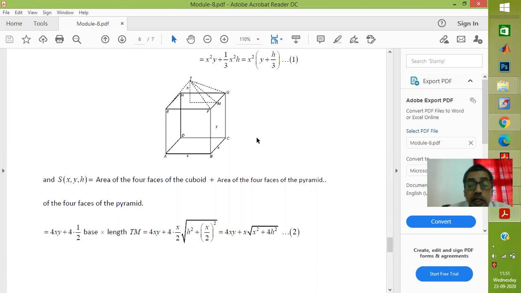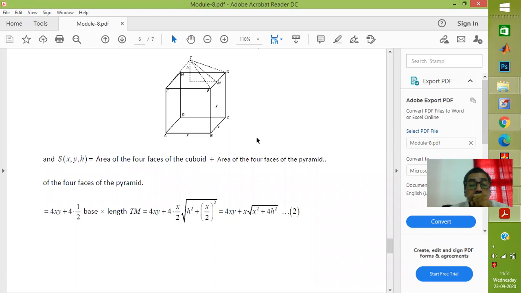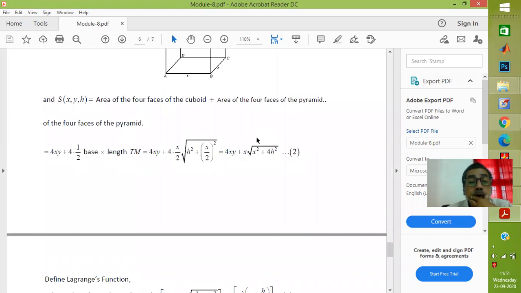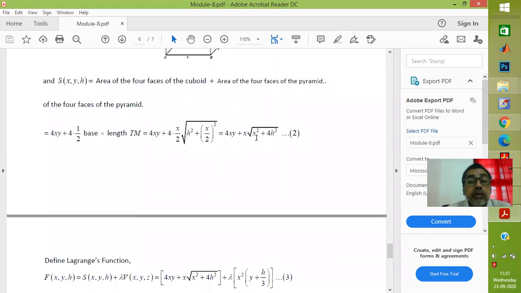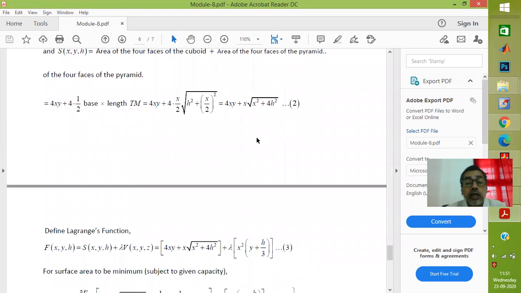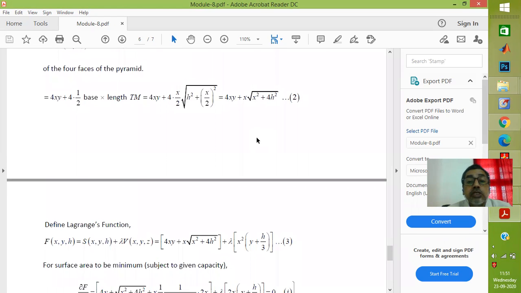So you find out that simple Pythagorean theorem has to be applied, and then you get the objective function, which is 4xy plus x times root of (x squared plus 4h squared). So this is your objective function, and the volume of the pyramid is a constraint.